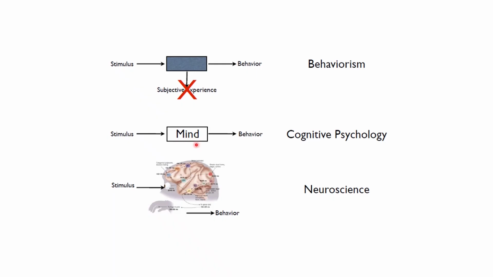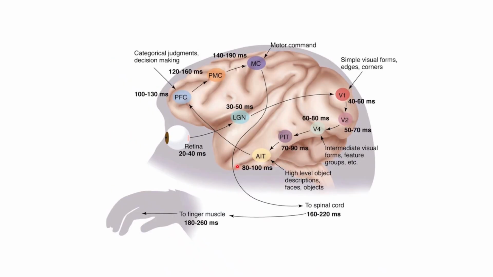And the field of experimental neuroscience tries to look at the whole circuit that is involved in processing the stimulus and generating the behavior. There may be a lot of processing steps here that one can try to study experimentally. So let's say I look at a cup, and after looking at the cup, I raise my hand to lift the cup. Let's see what is going on in the brain during this simple process.